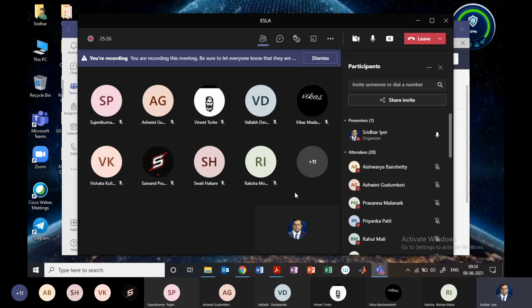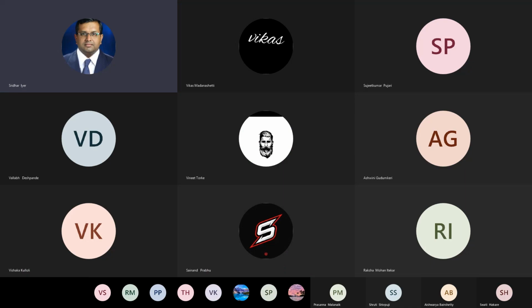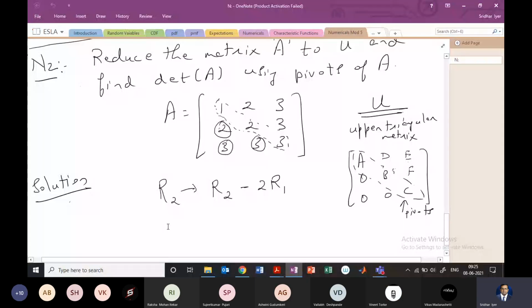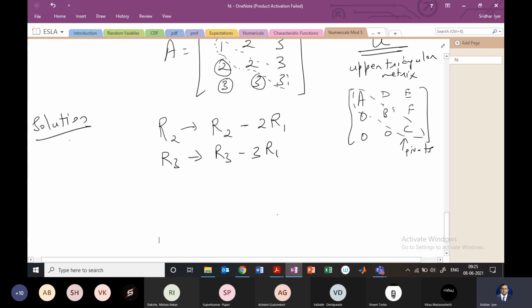It shows me there's no screen. I hope the screen is visible, so I can proceed now.